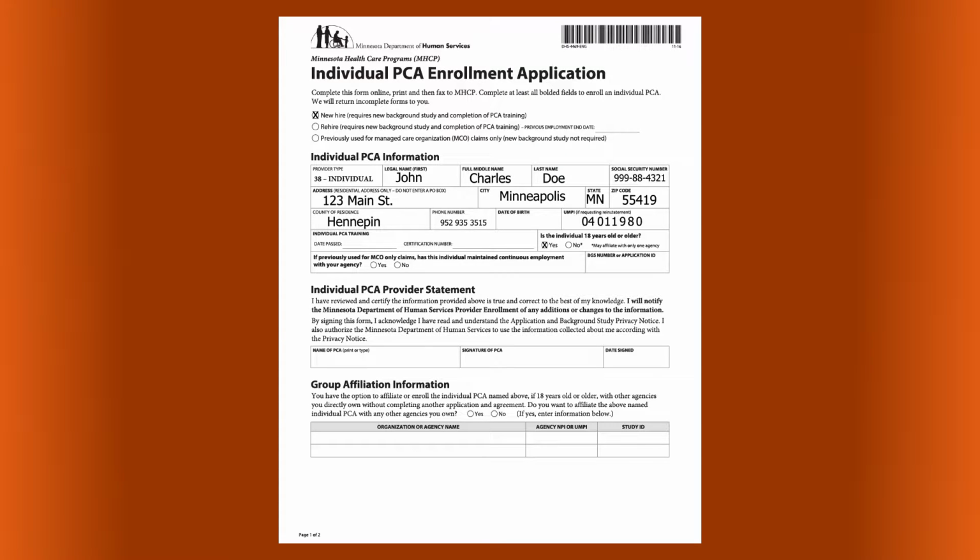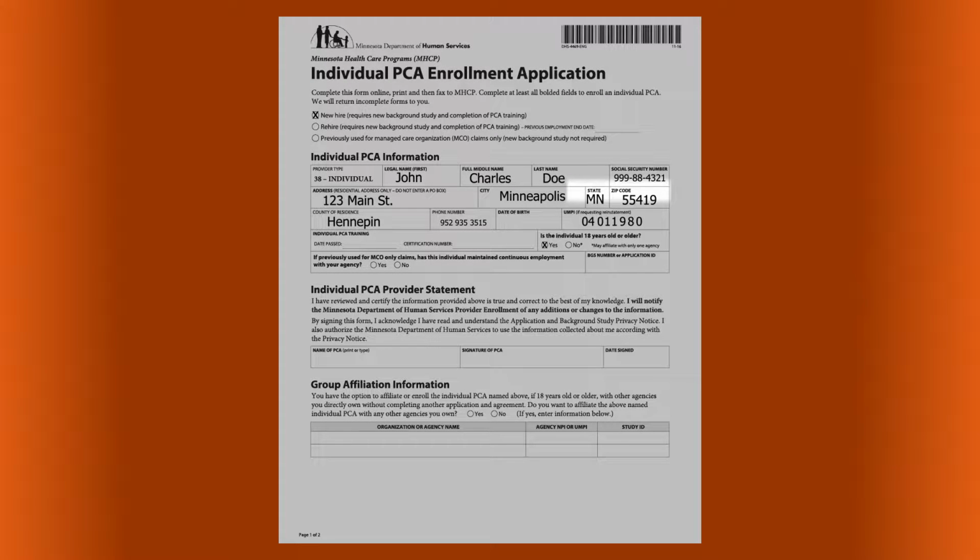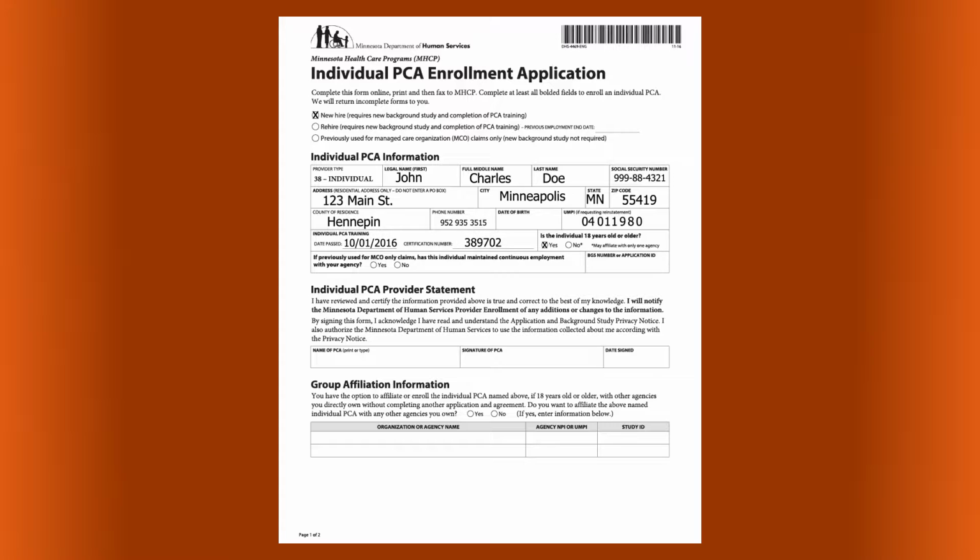New hires do not need to fill out the NPI/UMPI box. Enter the date of your PCA certificate training and certificate number. This form is for the state, and the information needs to match the information on the background study form. Print, sign, and date the form. Everything below this line should be left blank.